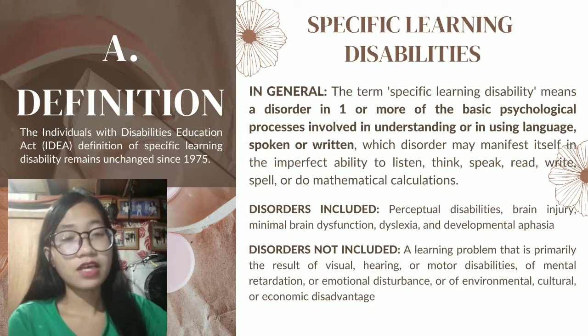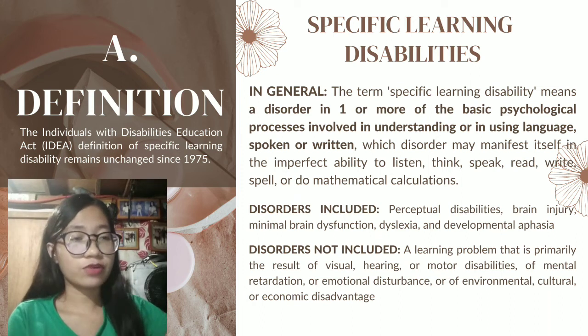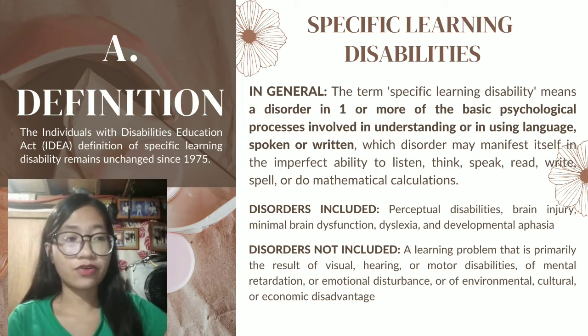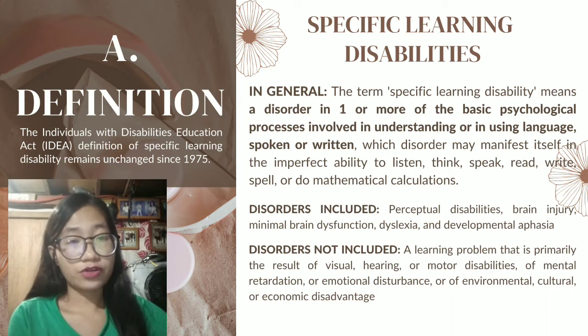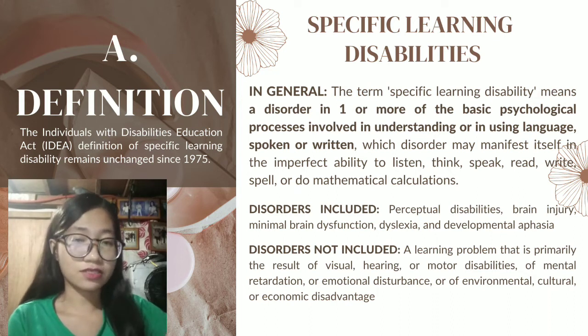In general, the term specific learning disability means a disorder in one or more of the basic psychological processes involved in understanding or in using language, spoken or written, which disorder may manifest itself in the imperfect ability to listen, think, speak, read, write, spell, or do mathematical calculations.